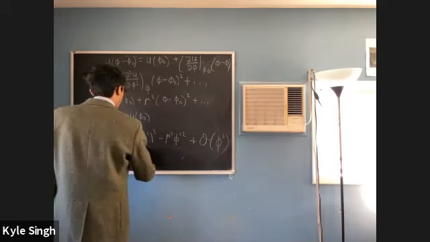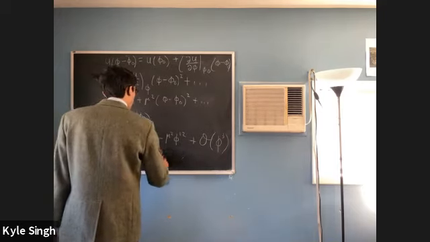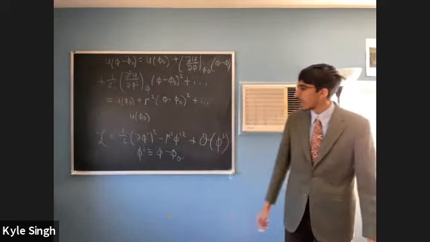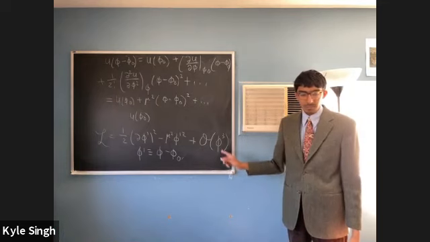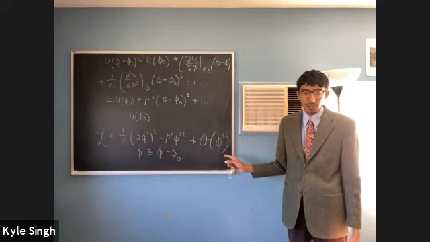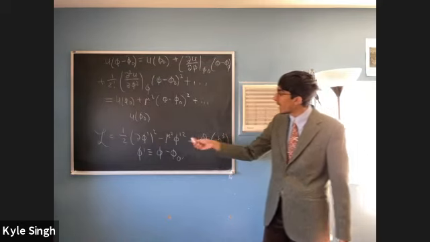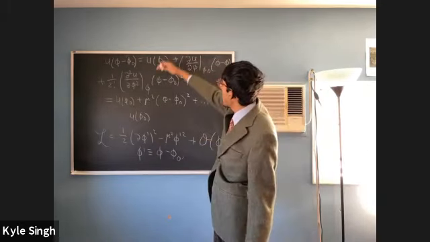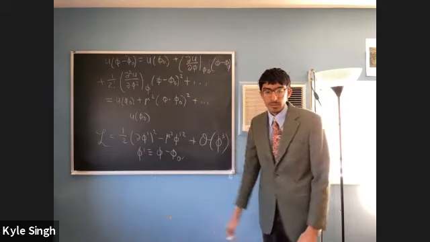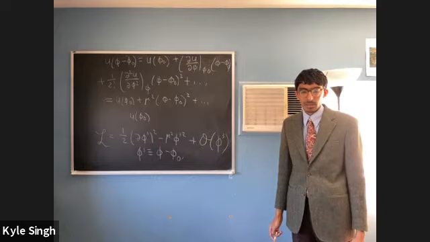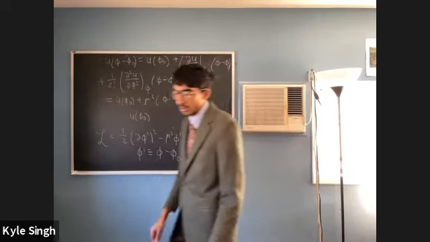Okay, and I've simply defined phi prime as phi minus phi naught. Okay, so this is my new Lagrangian, which is okay. And I can obviously take these terms and expand them in this way. Is this okay? Okay, very good.